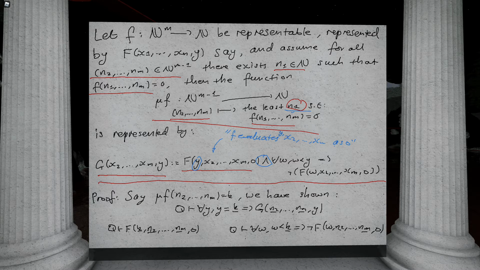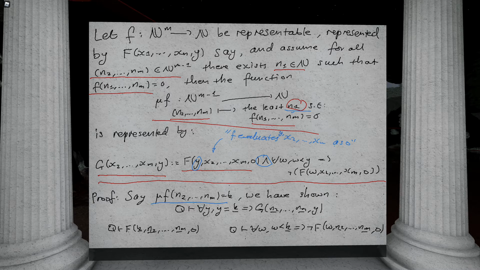And the half of the proof that I had already shown last time was the following. So we just assume that we have these natural numbers n2 up to nm as well as k, such that mu f of n2 up to nm is equal to k.